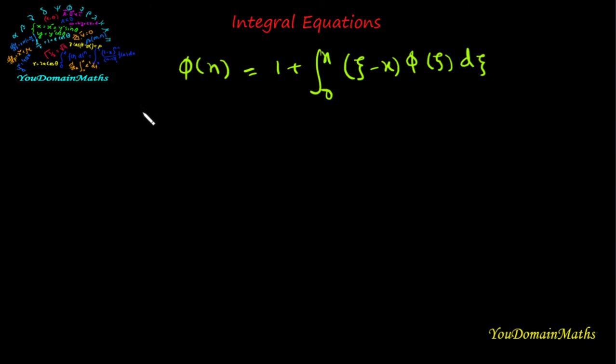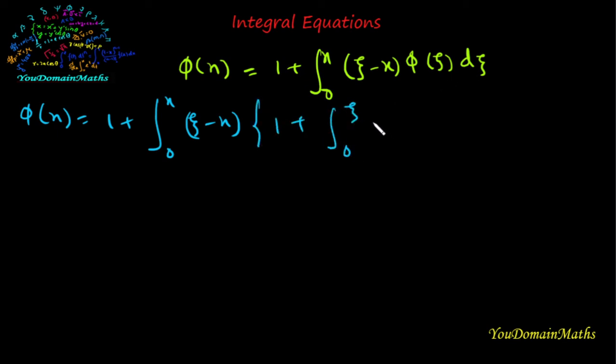If we solve the integral equation by successive substitution, then firstly substitute phi of xi, that means phi of x equals 1 plus integral 0 to x of xi minus x, and we change the values of xi in terms of x, that means x is replaced by xi. So here 1 plus integral 0 to xi, and this x is replaced by xi.